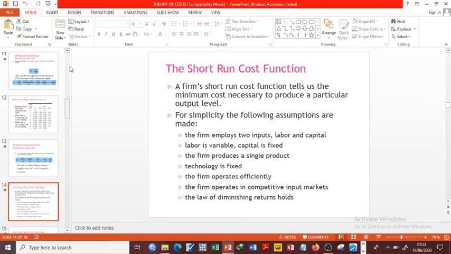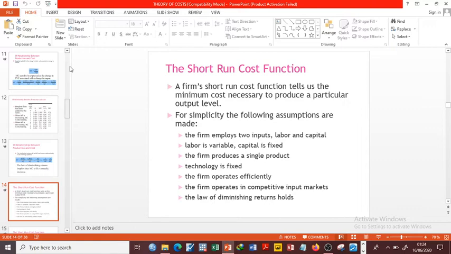Now, I can explain the law of diminishing returns in this perspective. For example, in a particular business, if you increase the number of laborers from maybe 1 worker to the second worker, it is going to increase the amount of output produced. Why? Because 2 workers can produce output faster than 1 worker.